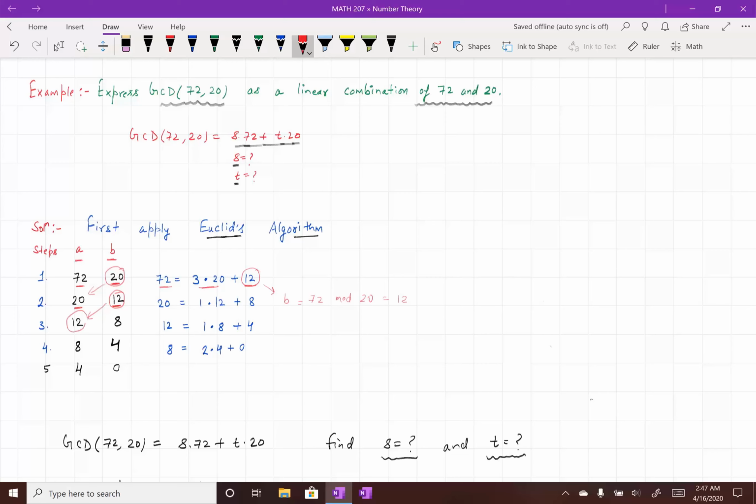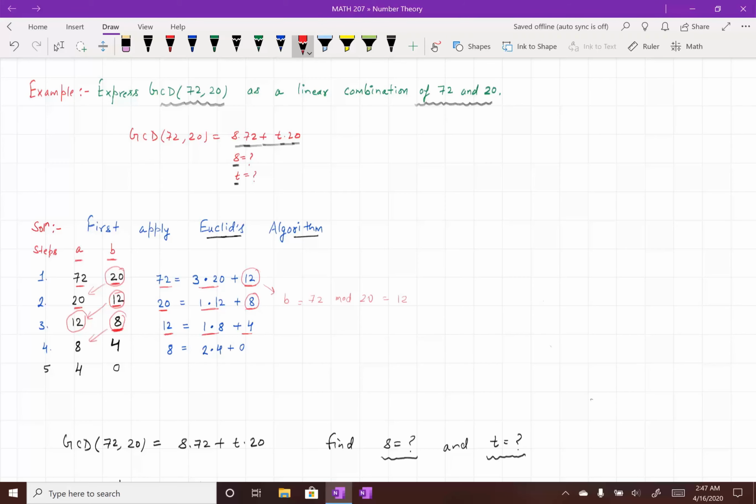So I can move to the next step, and my value of A becomes 12. The value of B I can compute if I represent 20 as 1 times 12 plus 8. So 8 is my remainder, which is the value of 20 mod 12, and my B becomes equal to 8. Again you check that B is not equal to 0. If you follow this procedure, you can write 12 as 1 times 8 plus 4.